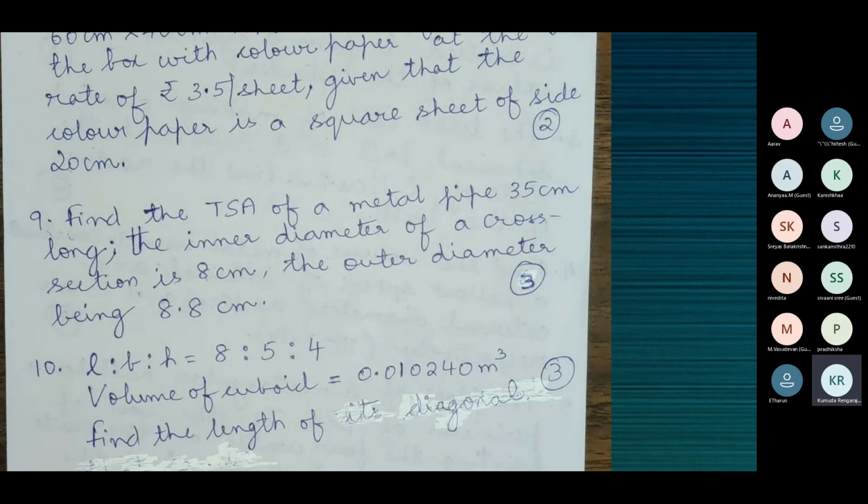When you multiply 8x, 5x, 4x, what do you get? 160x cubed. Yes, 8x into 5x into 4x is equal to 160x cubed.